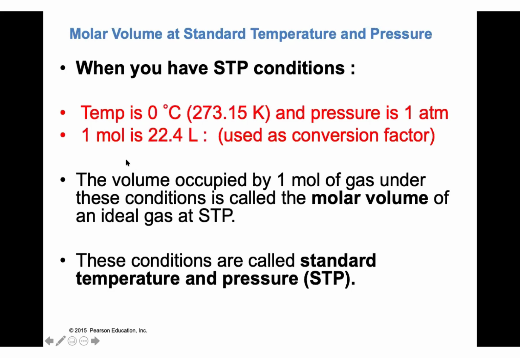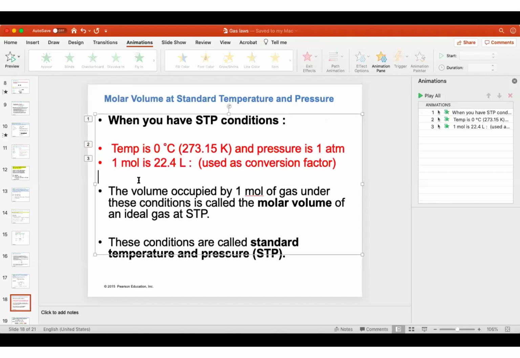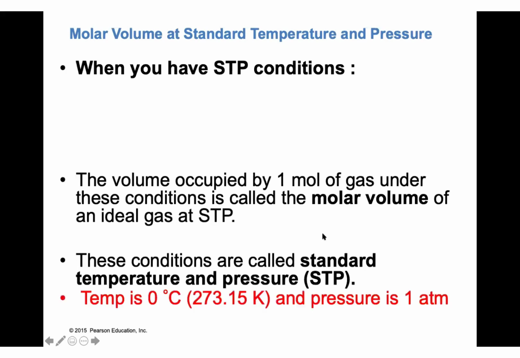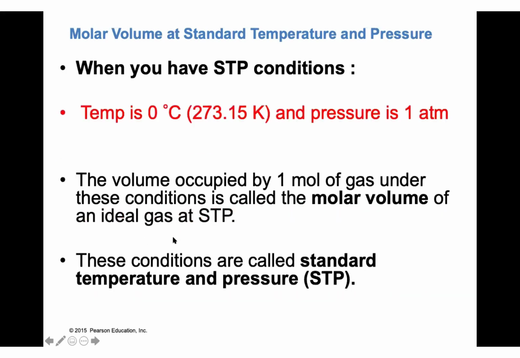So this is called, guys, the molar volume of gas. 1 mole equals 22.4 liters, which is basically called molar volume, the molar volume of an ideal gas at STP.